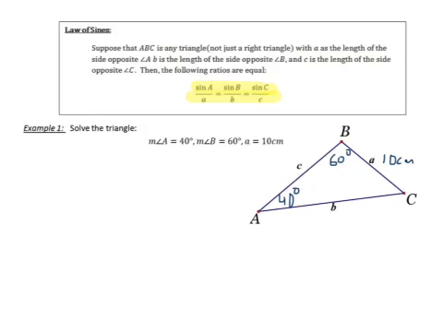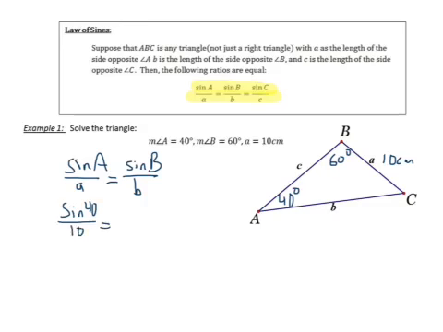Alright, so with that there, we know that the sine of angle A over side A is equal to the sine of angle B over side B. So we have the sine of 40 over 10 centimeters is equal to the sine of 60 degrees over B. And we want to find out what B is.